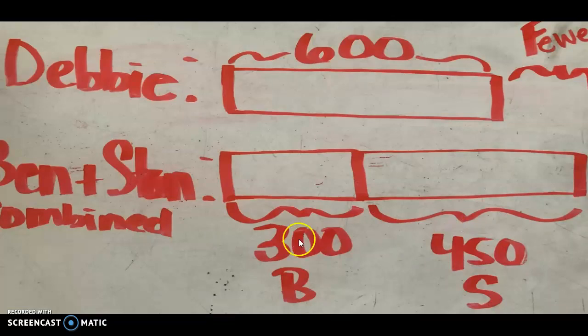Here is a model that represents this problem. It shows Debbie with a value of 600, Ben with a value of 300, and Stanley with a value of 450. It shows that we have to put these two values together and look for how many fewer magazines Debbie sold, which would be the lesser amount.